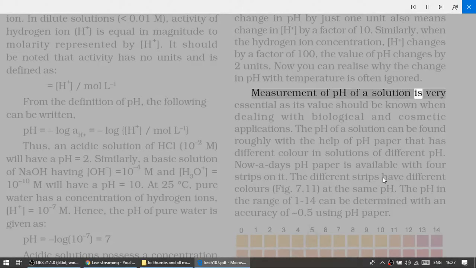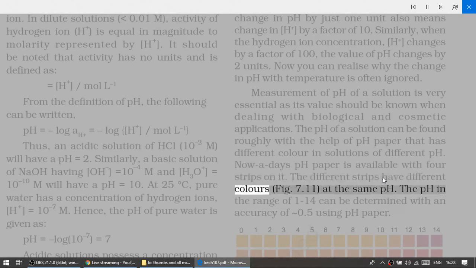Measurement of pH of a solution is very essential as its value should be known when dealing with biological and cosmetic applications. The pH of a solution can be found roughly with the help of pH paper that has different colors in solutions of different pH. Nowadays pH paper is available with 4 strips on it.